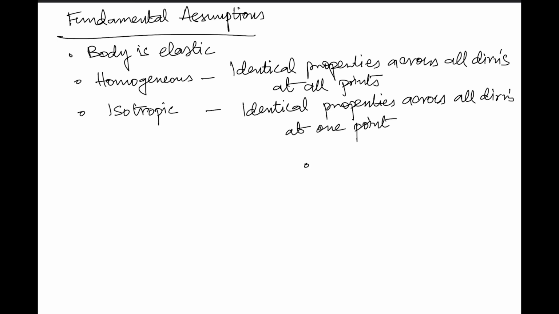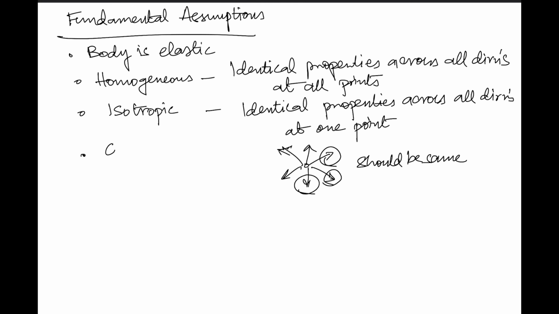Assume that there's a smallest or elemental part of the structure. When you take different directions, load acting on this, load acting on this, load acting on this, all should be equal. This all should be the same. Next, the body is assumed to be continuously solid.